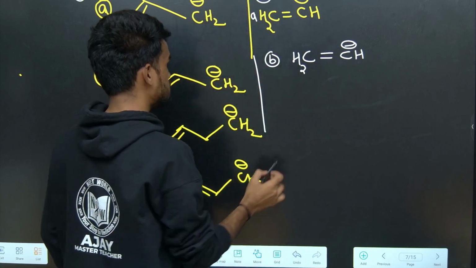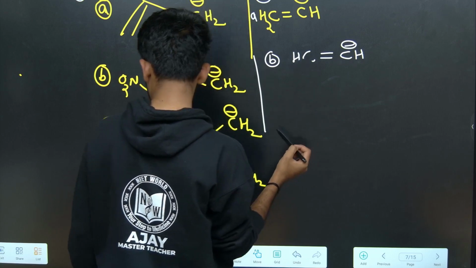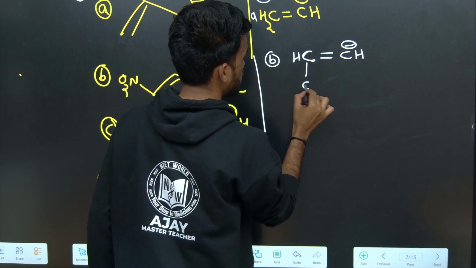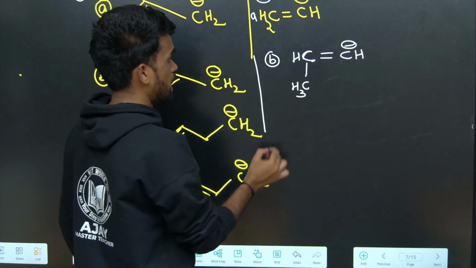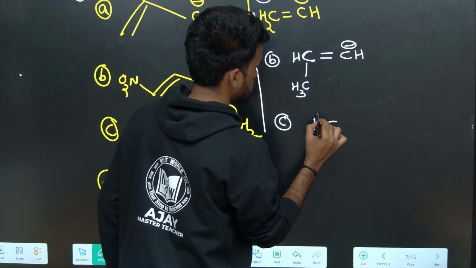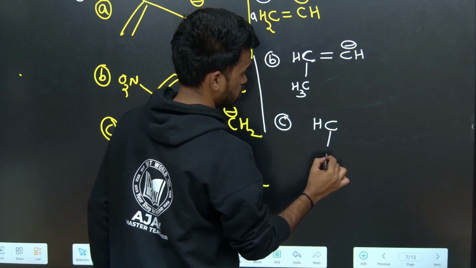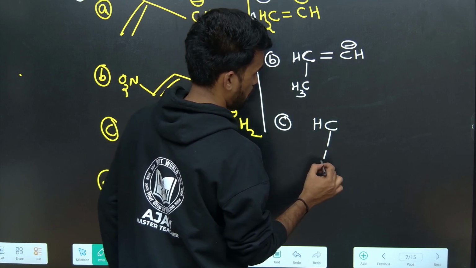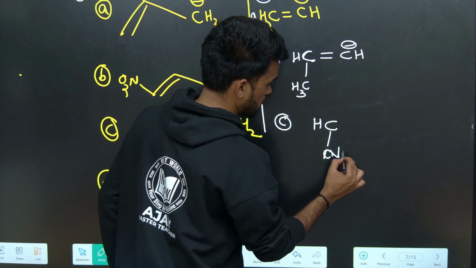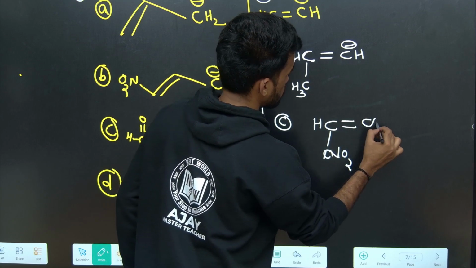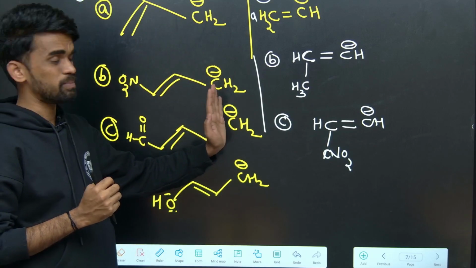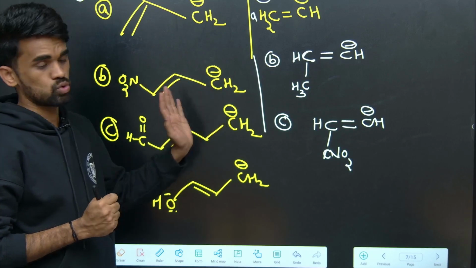So let us change this hydrogen with one methyl group. I am attaching a methyl group over here for B, and the C option is something like this, let us add a nitro group. So just decide these basic questions, you just try to answer these questions first.